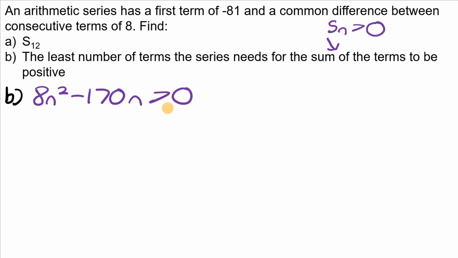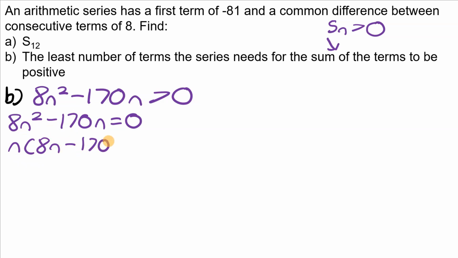Okay, so we have this quadratic inequality here. Now, to solve quadratic inequalities, firstly, we're going to replace this inequality sign with an equal sign. So we're going to say 8n squared minus 170n is equal to 0, and then we're going to solve this quadratic equation. So let's factorize out the n, so it becomes n(8n minus 170) is equal to 0.